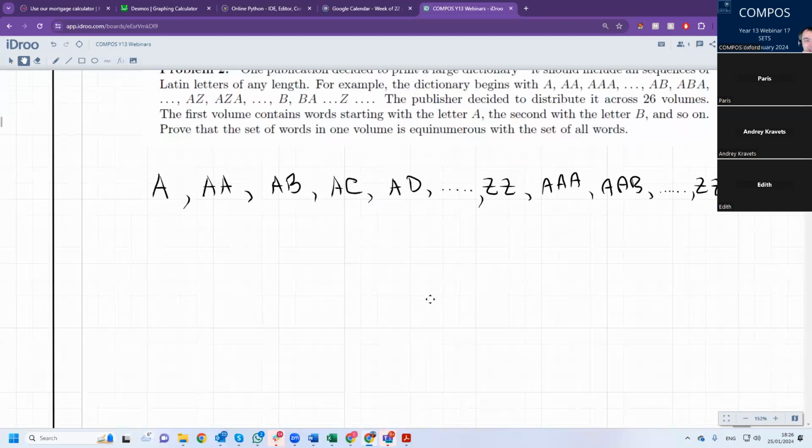However, the publisher decided to distribute it across 26 volumes. So they decided to write 26 books, to split it into 26 books.